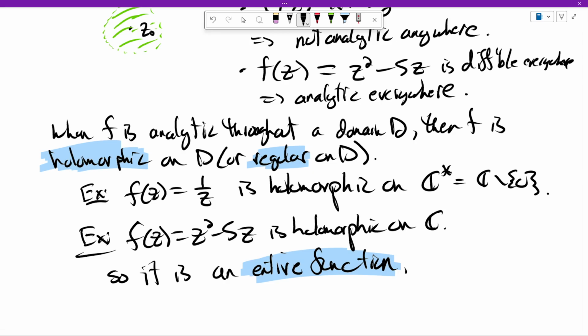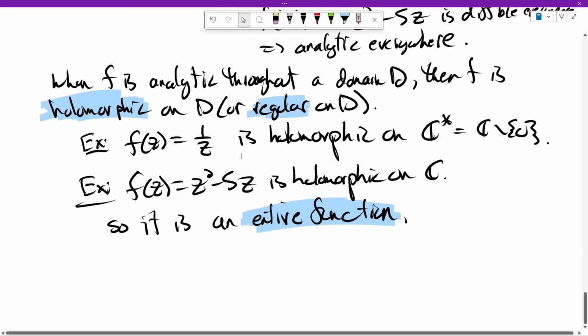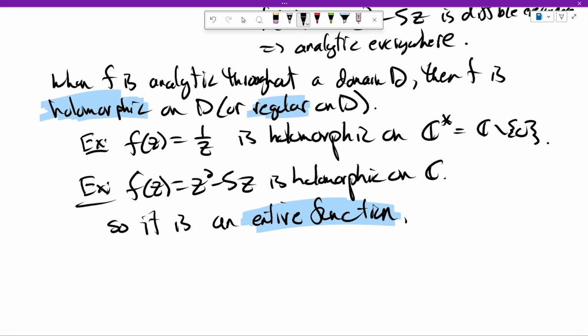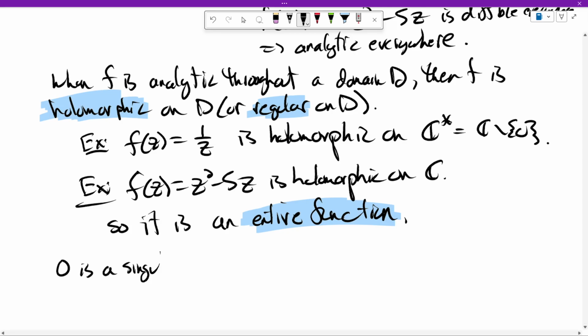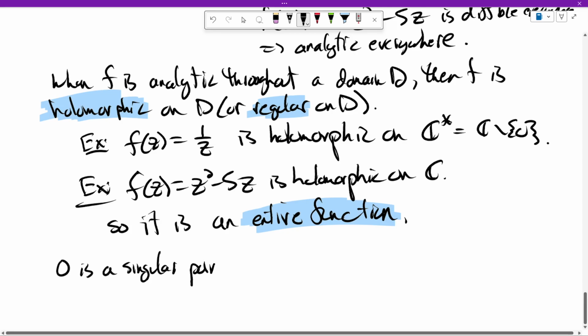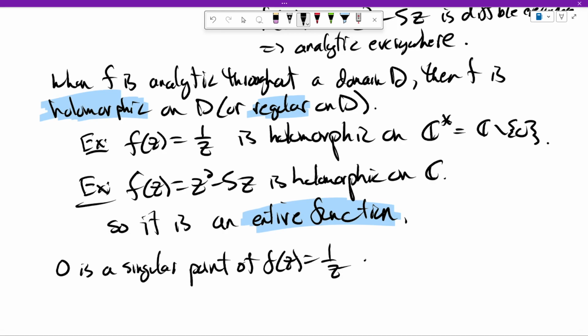So in this case of this example, we would say that 0 is a singular point of f. It's a place where our function fails to be analytic.